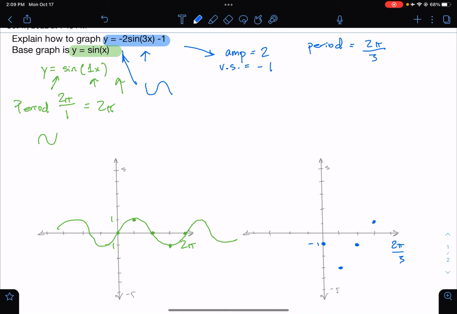So it'll be at, let's see, we have 1 right there. And then the last point will be at that point there.